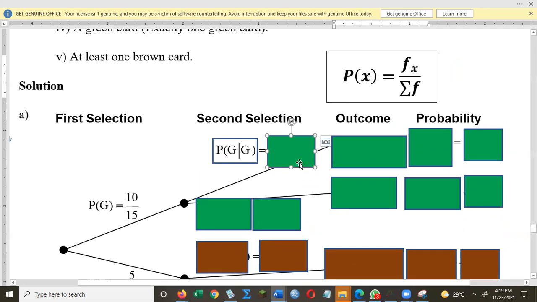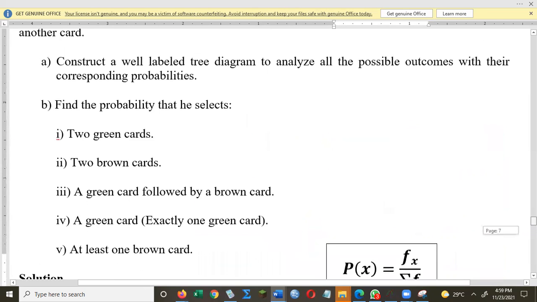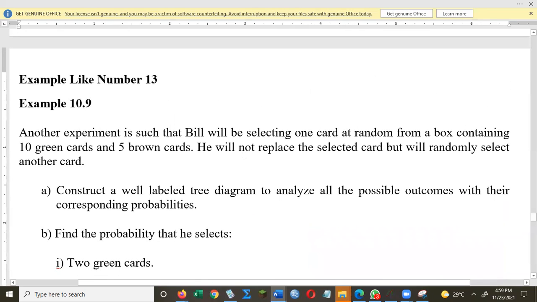Now, bear in mind that he will not be replacing the green card. If it was a green, he will not be replacing it back into the box. All right. The condition is that he will not replace the selected card, but will randomly select another card. Bill is randomly selecting one card at a time from a box.